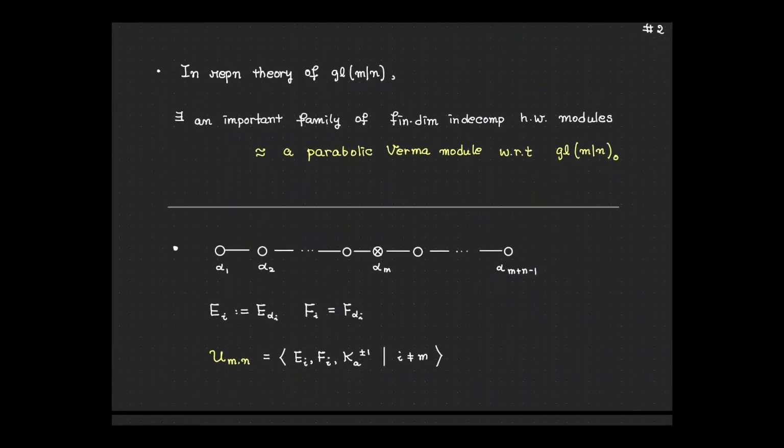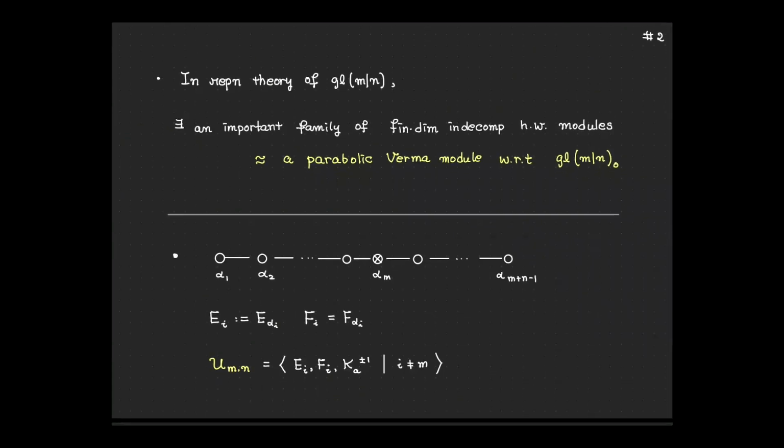So instead of going directly to the crystal of the Verma module, we will think of another representation, the so-called Kac module. Roughly speaking, it is a finite dimensional indecomposable highest weight module, which can be viewed as a parabolic Verma module in the study of the BGG category.